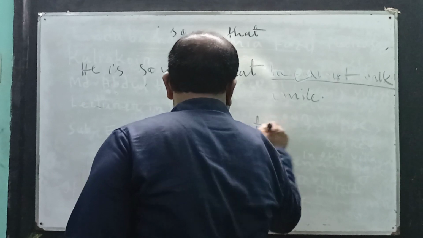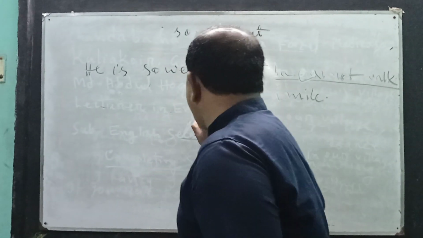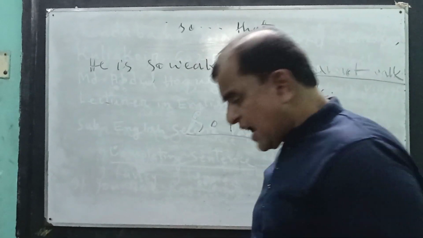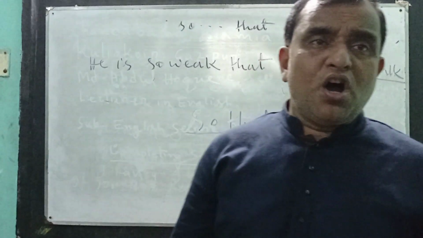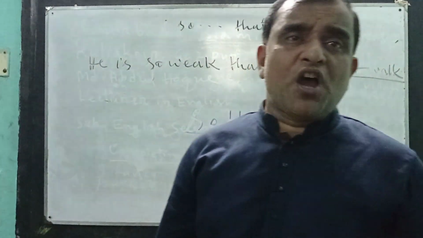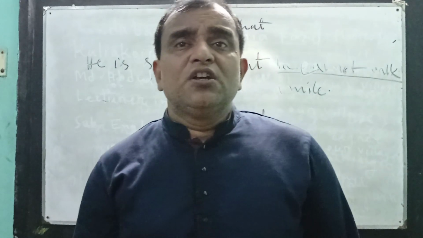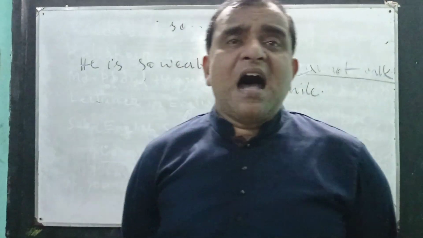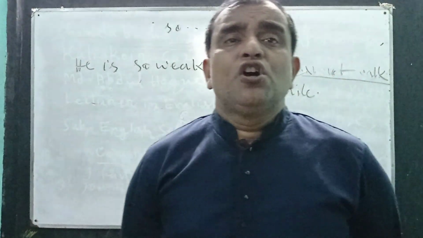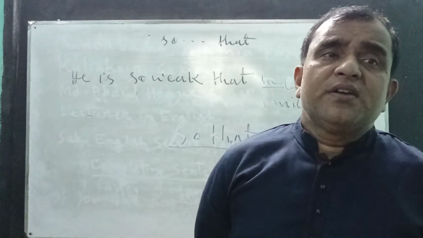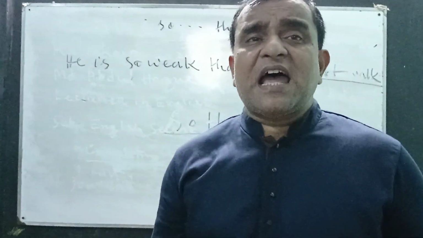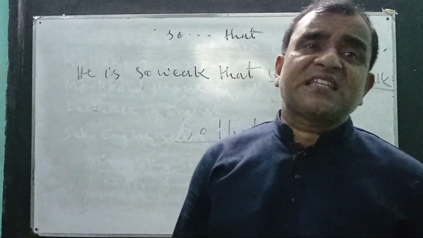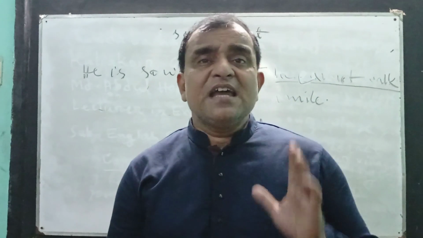The next rule is so that. He works hard so that he can make a good result. This is the so that rule. He works hard so that he can make a good result.